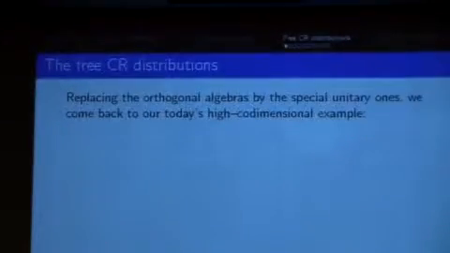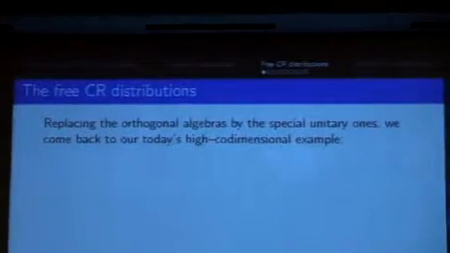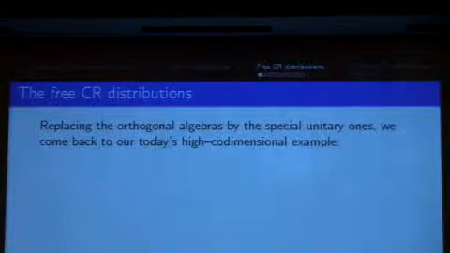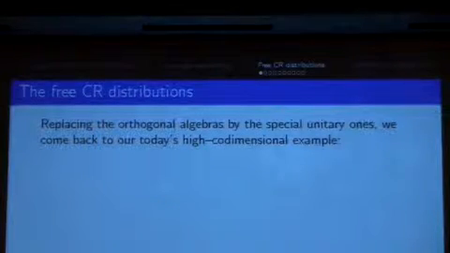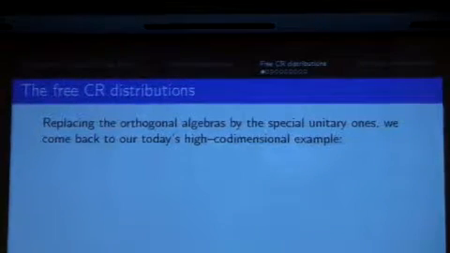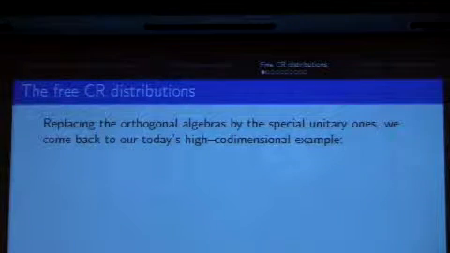Now, what about the free CR distribution? That's the N-square codimensional case. It turns out that it's very similar to what we saw in this particular example. We just have to replace antisymmetric with skew Hermitian.